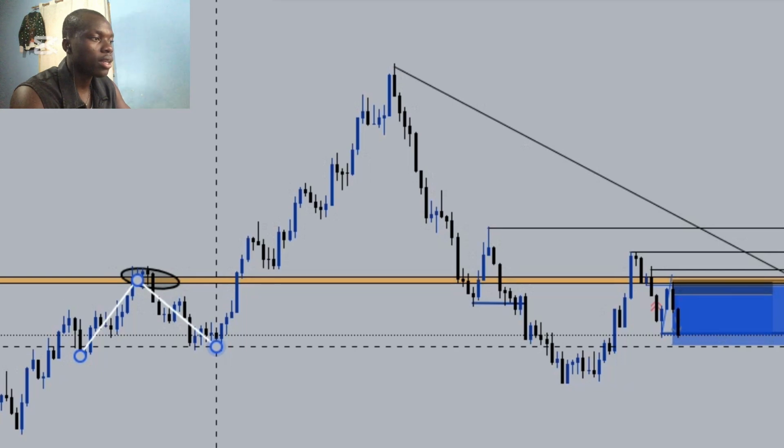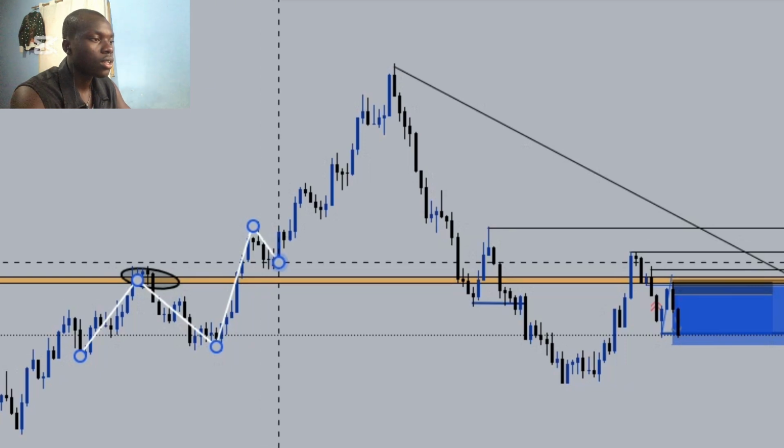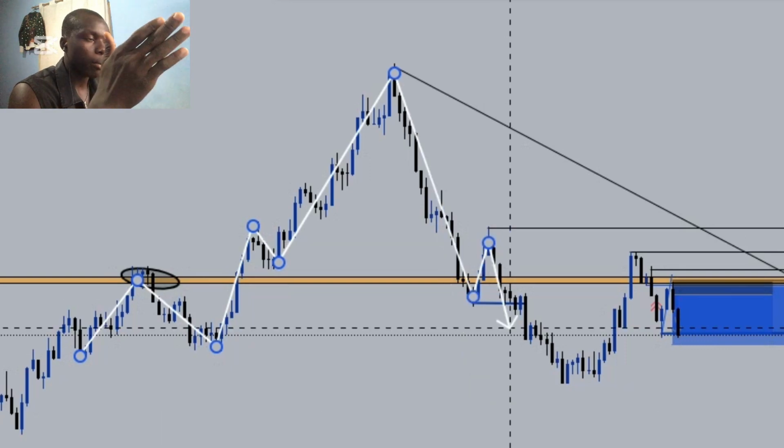The market comes here, resists again. So finally there is a break, and after this break you can see a retest back to the same zone, acting as a support right now. So resistance turns support for the buy, and support turns resistance for the sell.